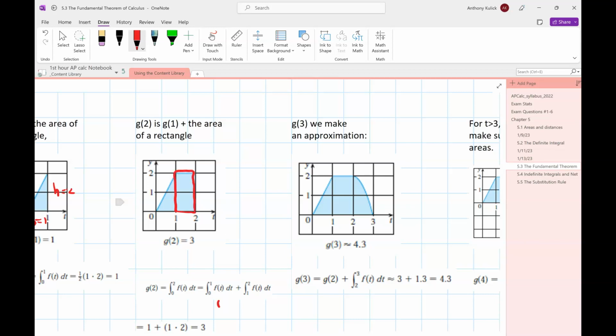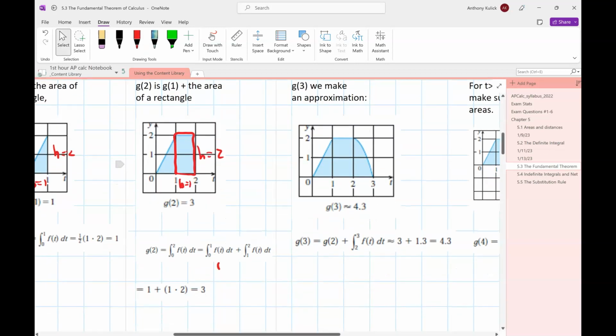Well, that area is just a rectangle, right? The base is 1, and the height is 2. So we have 1 plus 2, or 3. So far, so good?